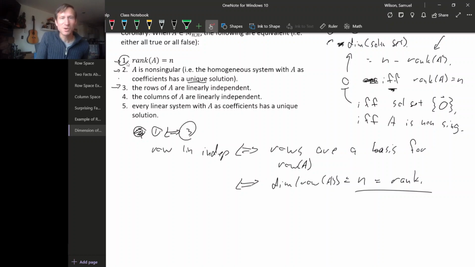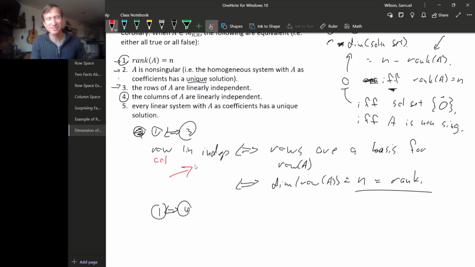Now showing that 1 is equivalent to 4, the columns of the square matrix being linearly independent, is exactly the same as showing 1 is equivalent to 3, except wherever you see row, write column. The columns are linearly independent if and only if the columns serve as a basis for the column space, if and only if the dimension of the column space is equal to n. But the dimension of the column space is the rank, so we're done.